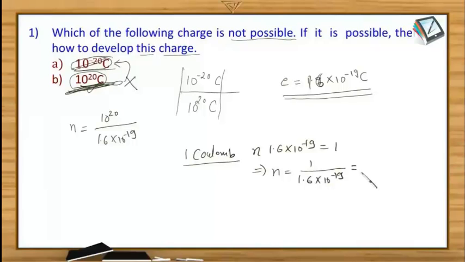So what are you getting? Just say 1 over 1.6. Just calculate it fast. Okay, we are getting 0.625 into 10 raised to the power plus 19, because this is going up. So it is 6.25 into 10 raised to the power 18.